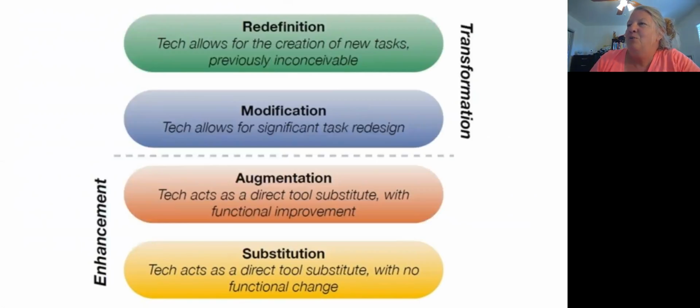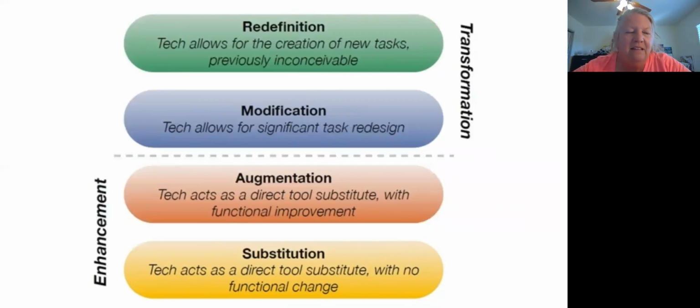This has to do with how you integrate technology and the different levels of enhancement, starting at the very bottom. When you first start to use technology, or when students do, they use it as a substitute for paper and pencil or for reading. And they look at the screen or they type, and that's called substitution.